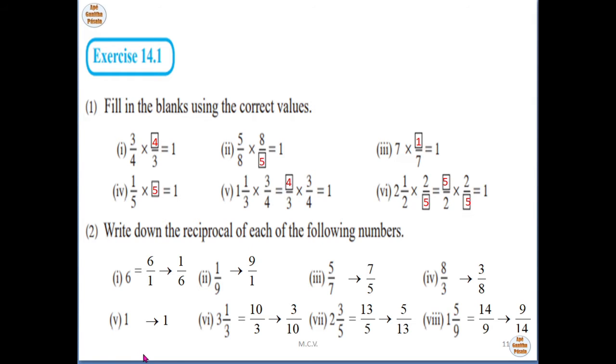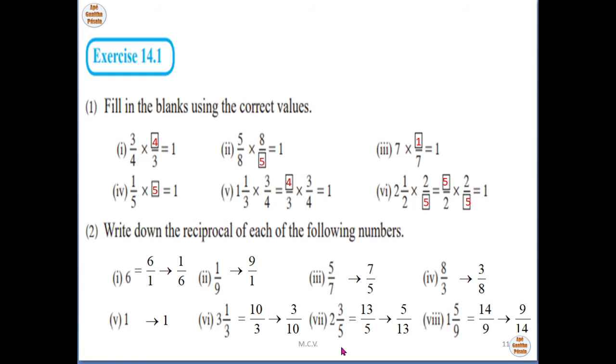Roman number 6. 3 and 1 over 3. Convert that mixed number into an improper fraction. 3 into 3, 9. 9 plus 1, 10. 10 over 3. Then the reciprocal is 3 over 10. Next one, 2 and 3 over 5. 5 multiplied by 2, 10. 10 plus 3, 13. 13 over 5.